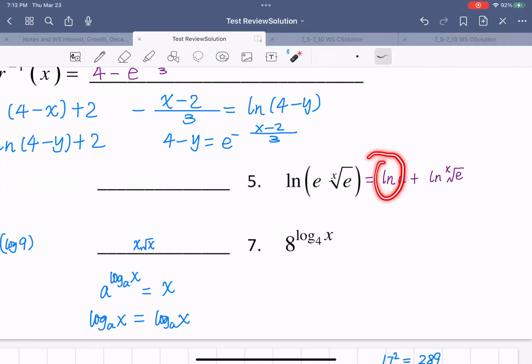How much is this? Base of e, so this is 1, right? And then how do we take care of this? This is ln of e to the power of 1 over x, correct? So this is 1. So you put this in front. That is 1 plus this. Make sense now? Okay.